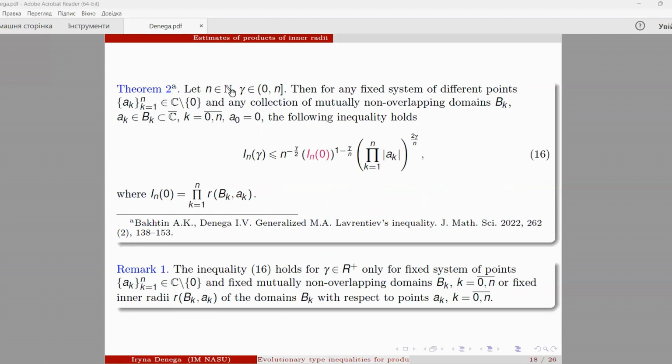Let n be a natural number, gamma from interval (0, n).